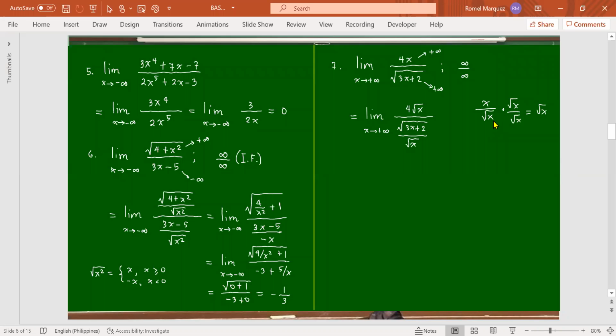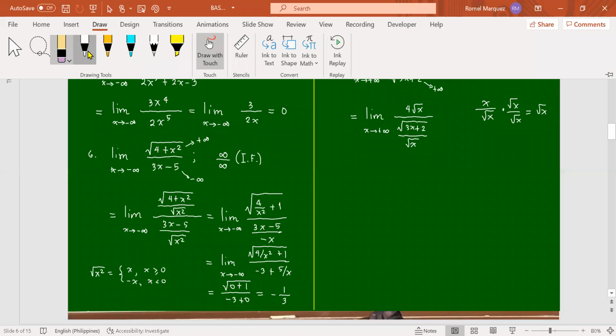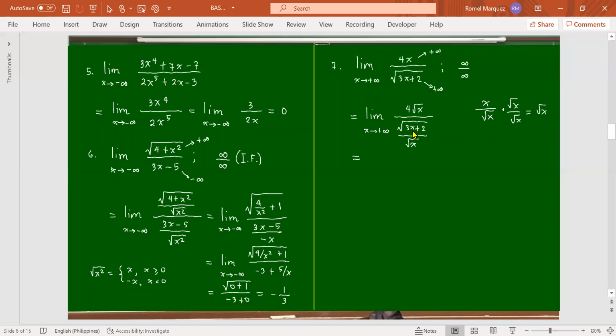So what is the limit of the denominator? Does the limit of the denominator exist already? Sir, may tanong po. Why the square root of x? So that we can insert it inside. Okay.